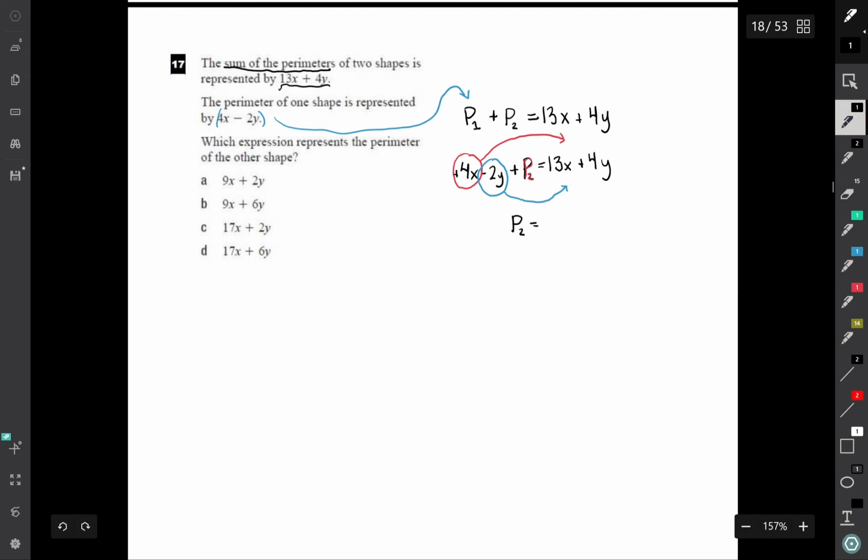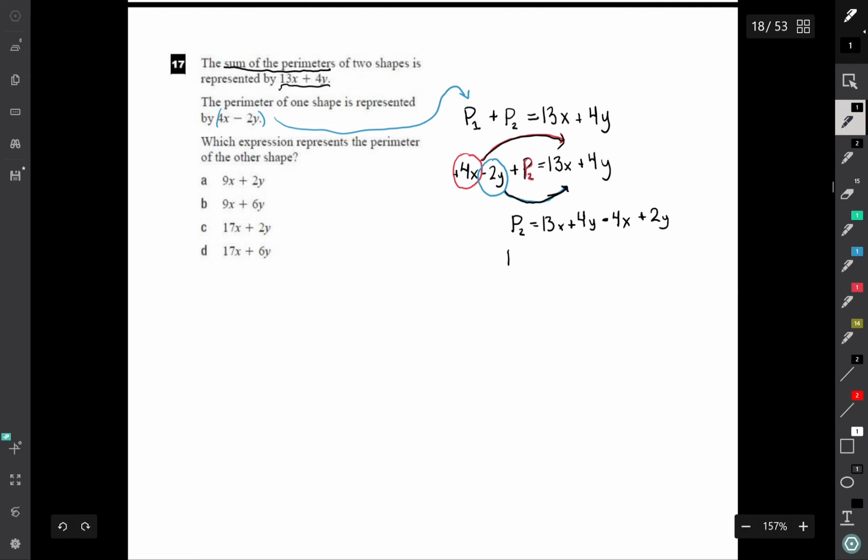I would still have 13x plus 4y, I haven't touched those two. Then I'm going to take my 4x over, and it becomes minus 4x. Then I take my negative 2y, and it becomes plus 2y.